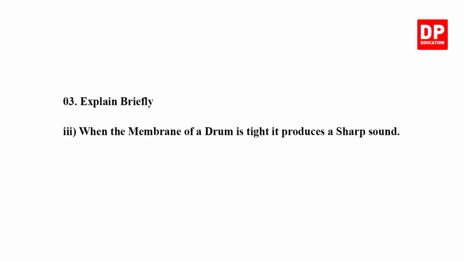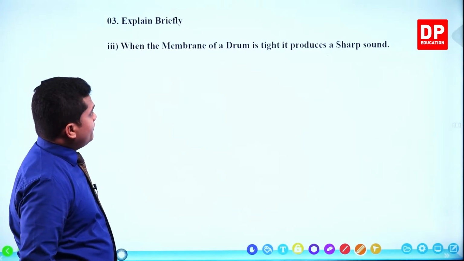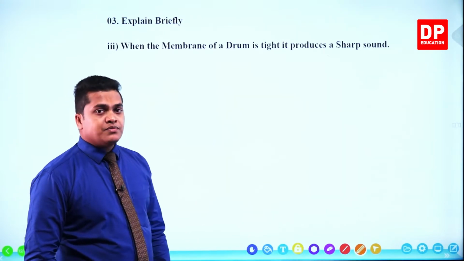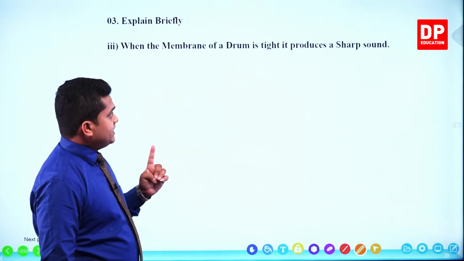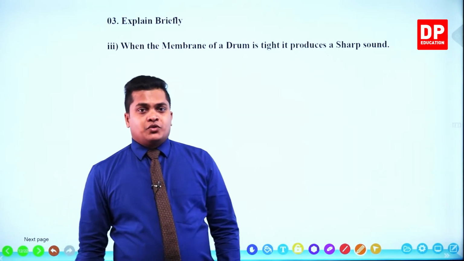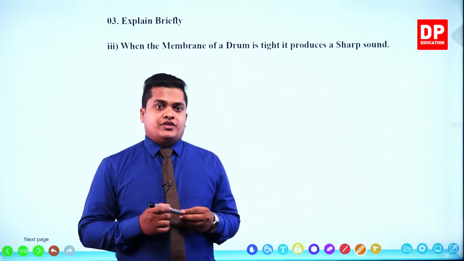So we'll move on with the next question. When the membrane of a drum is tight, it produces a sharp sound. So this is a very easy question.